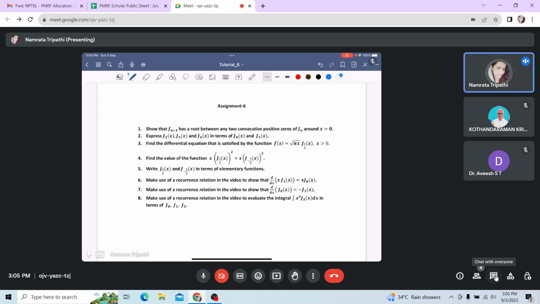You can also follow S.L. Ross, which is for concept clarity. Follow the S.L. Ross book for the concept purpose, and for problem solving purpose, you can see M.D. Raisinghania. Ross, S.L. Ross.